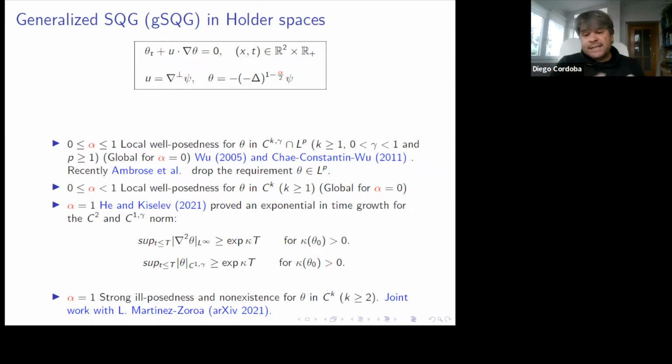And by non-existence, I mean that you start with an initial data in C^k, small, and for t strictly bigger than 0, your solution is not in C^k anymore.